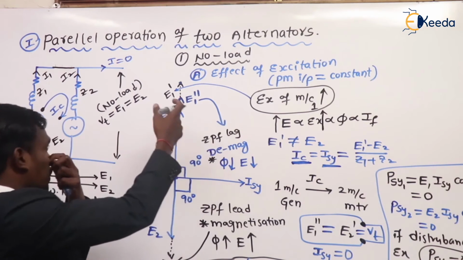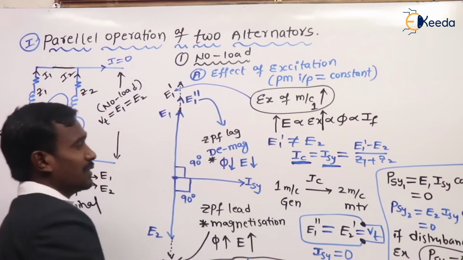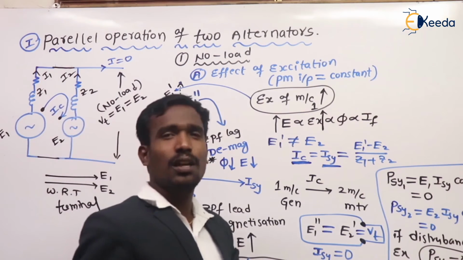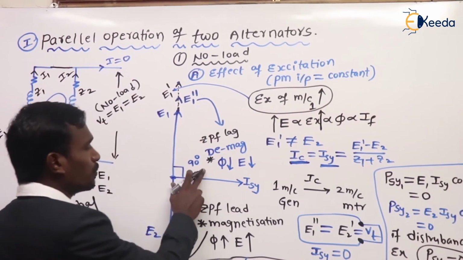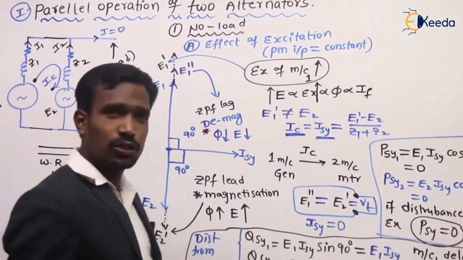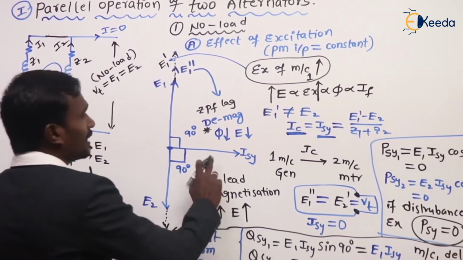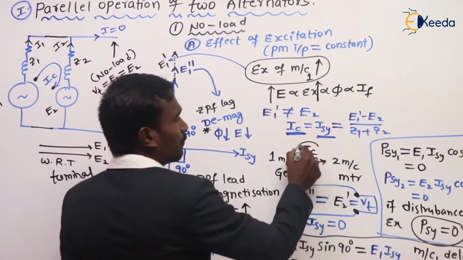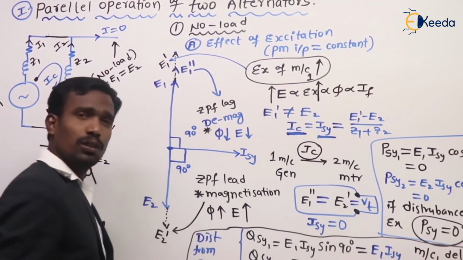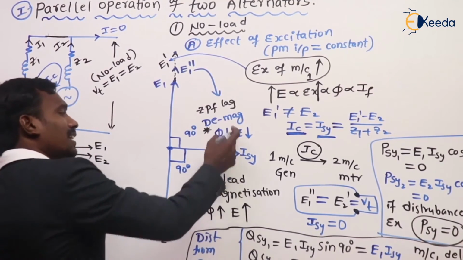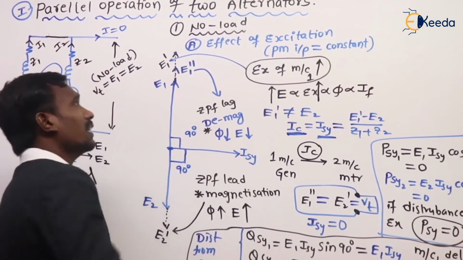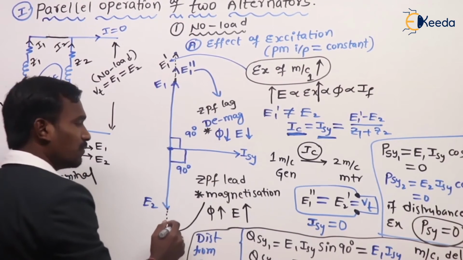When the excitation of machine 1 increases, EMF increases, ISY comes into action, which is 90 degrees lagging to machine 1 and 90 degrees leading to machine 2. ISY flows from machine 1 to machine 2. This is demagnetized and this is magnetized. Here EMF reduces, here EMF increases.